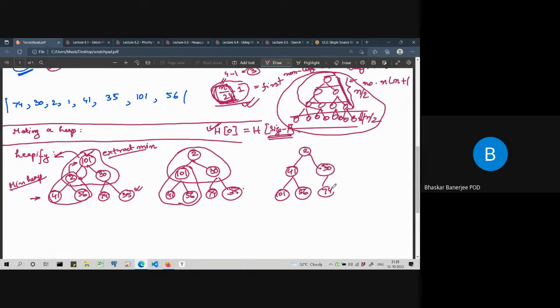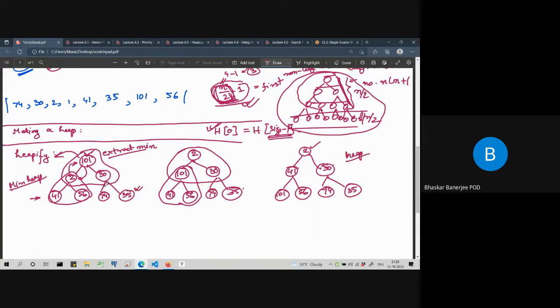I don't disturb anything which is not swapped. I keep it as it is. Now you see, now this is a heap. 2 is the minimum value. 41 and 30 are both larger than 2. If I consider this part, 41 is smaller than both 101 and 56. 30 is smaller than both 74 and 35. So this is a proper heap. So I got a heap.